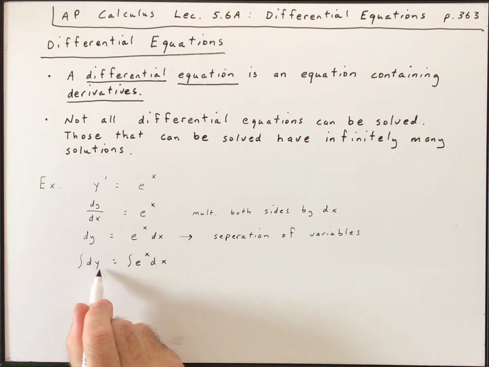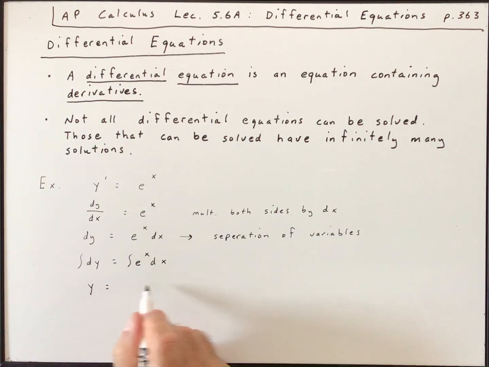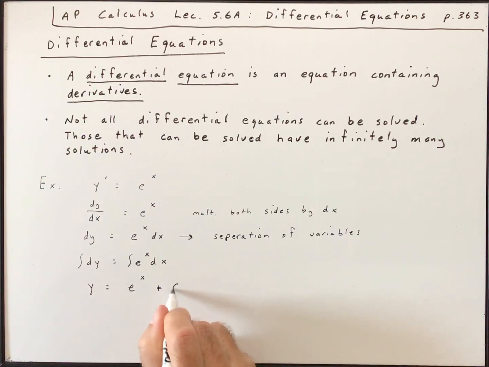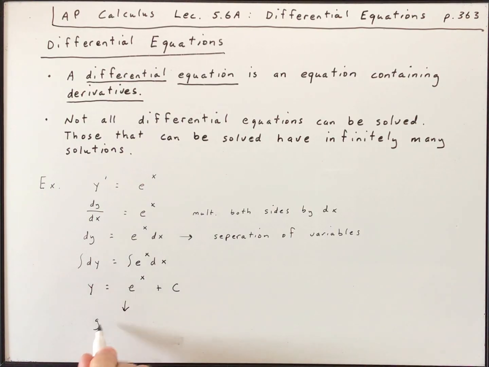Okay, so the antiderivative of dy is just y, and the antiderivative of e to the x dx is just e to the x, and then we would have plus c. So this is what we call the general solution.